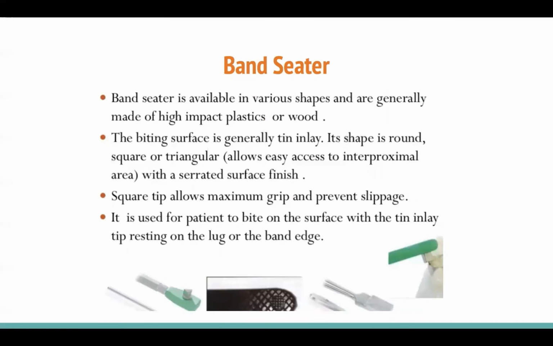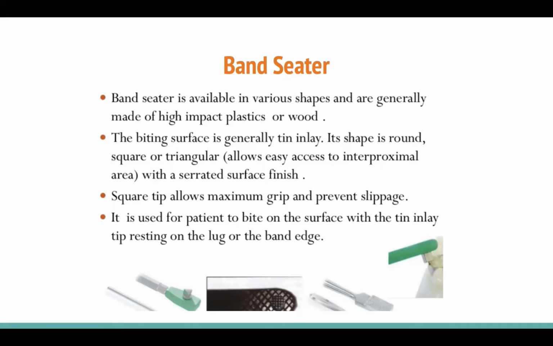Then after you seat the band with the band pusher, you ask the patient to bite on a band seater. You put it in different positions, interdentally, on the buccal cusp, and on the palatal or lingual cusp, and ask the patient to bite three or four times so that the band gets contoured with the help of the pressure.